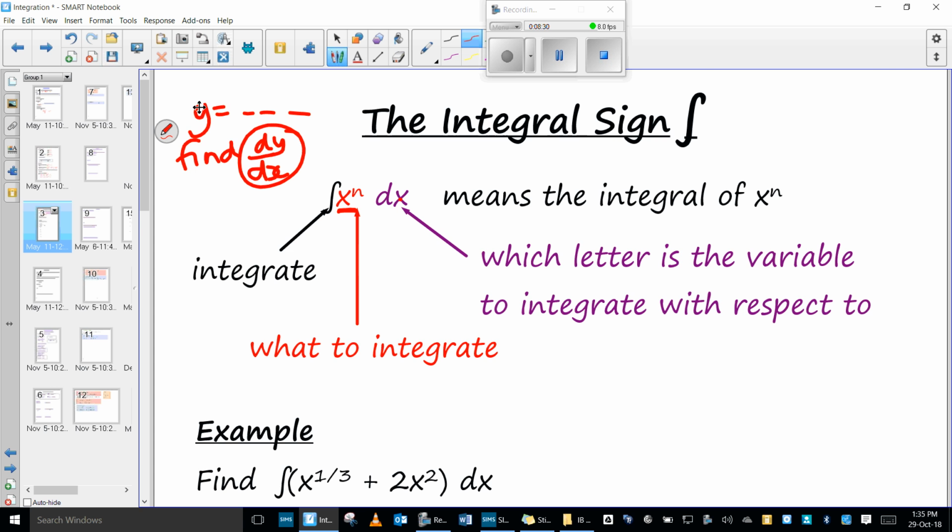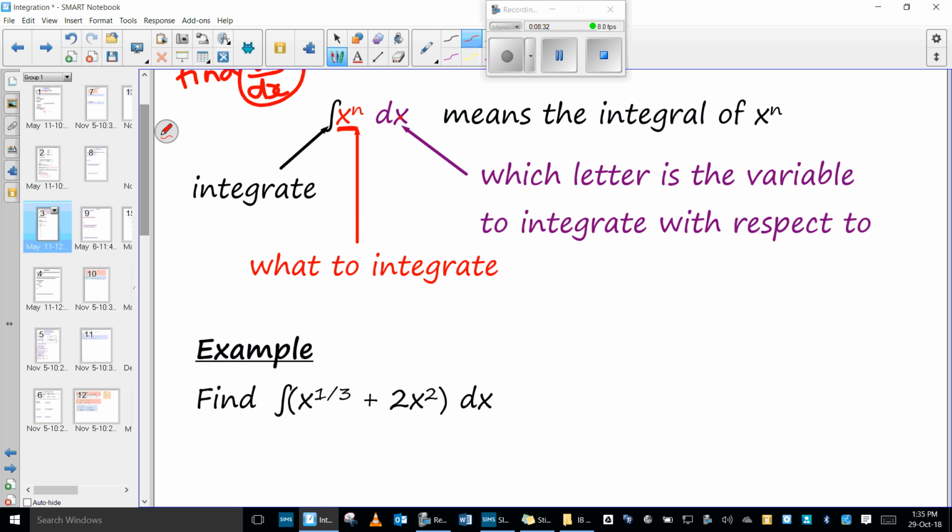So for example, if I have my integral sign and I've got 5g cubed, then it would be written dg here, because I'm integrating this with respect to g.